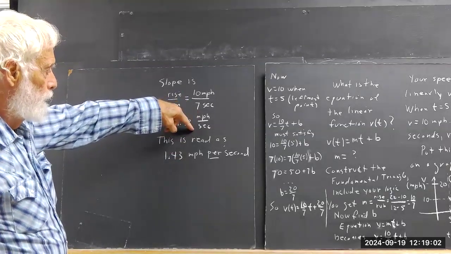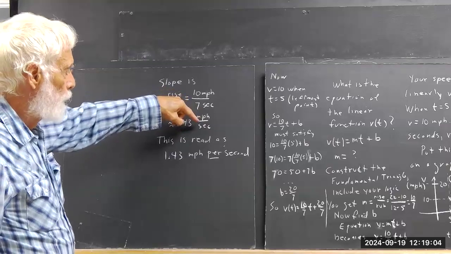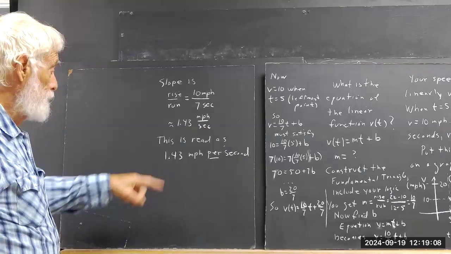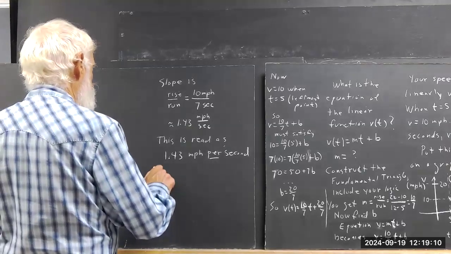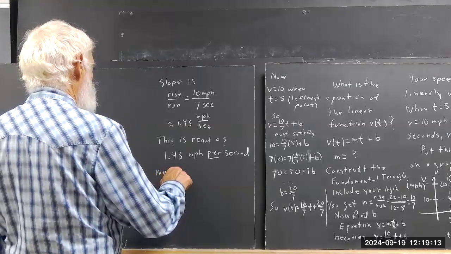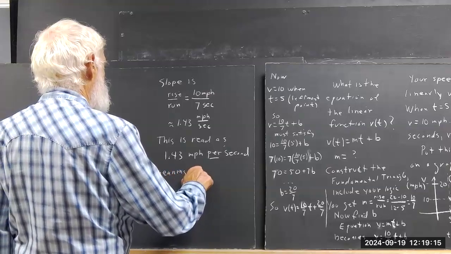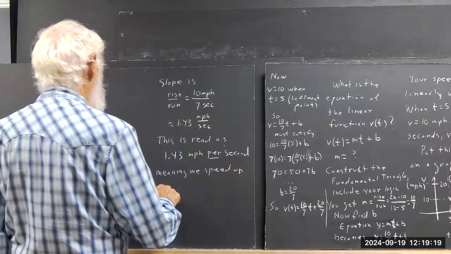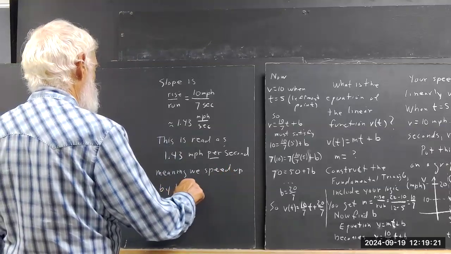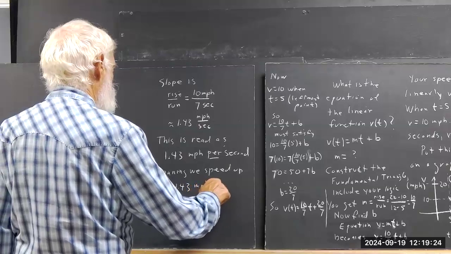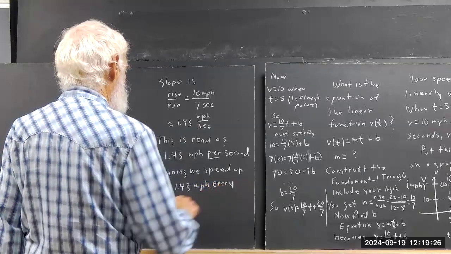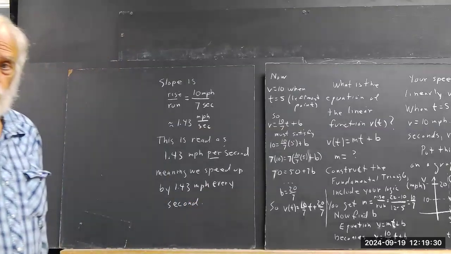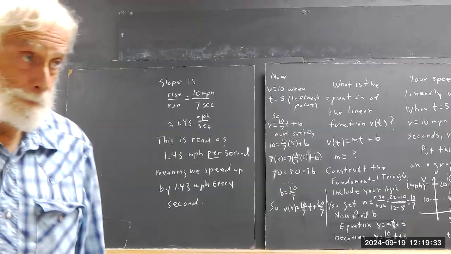One unit over another unit is this many units per this, okay? This means we speed up by 1.43 miles per hour every second.